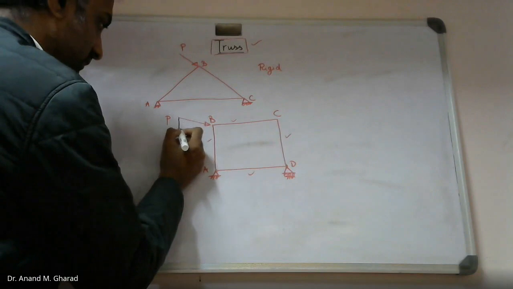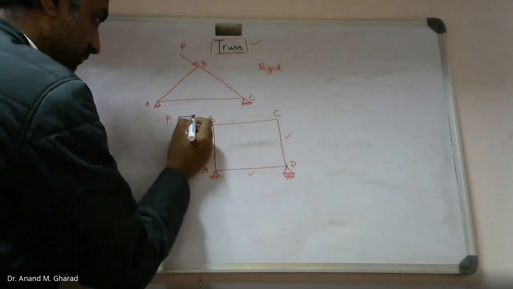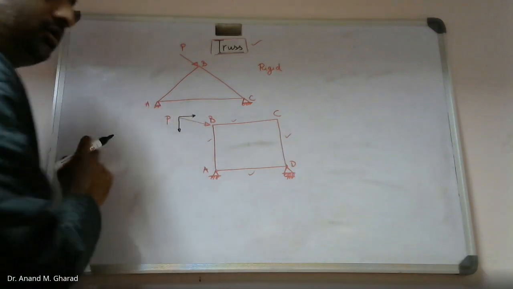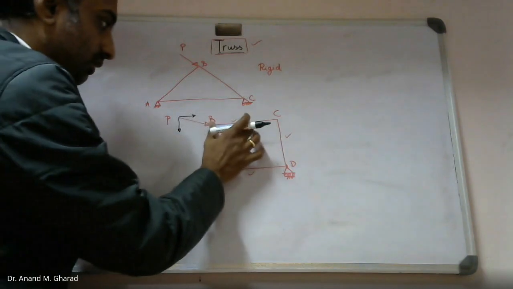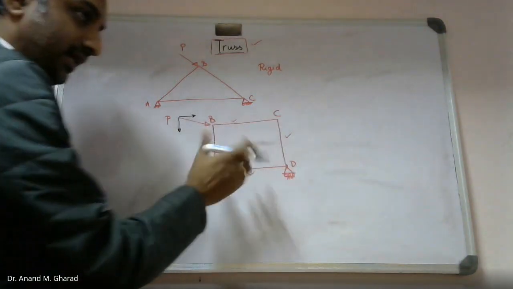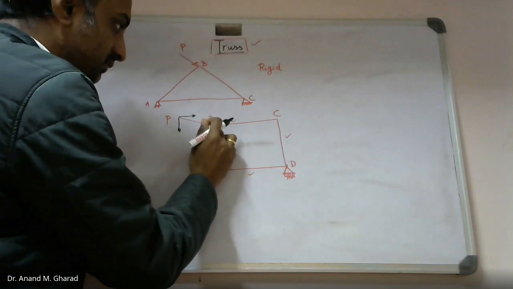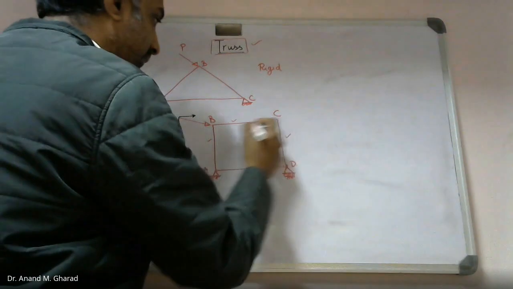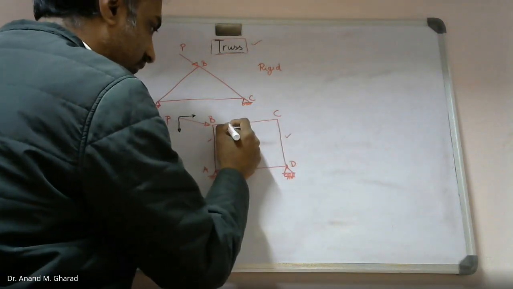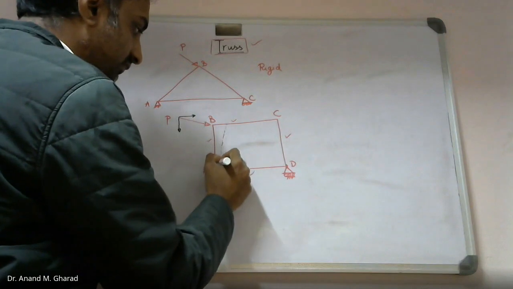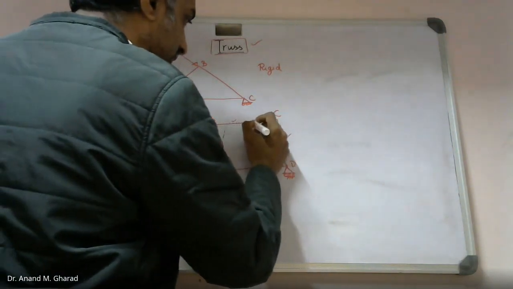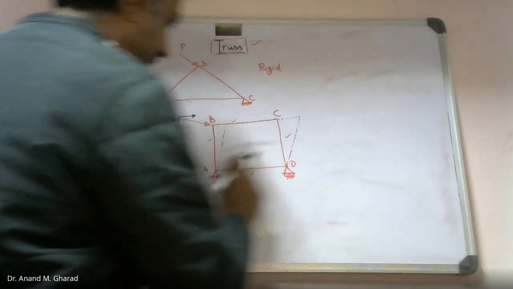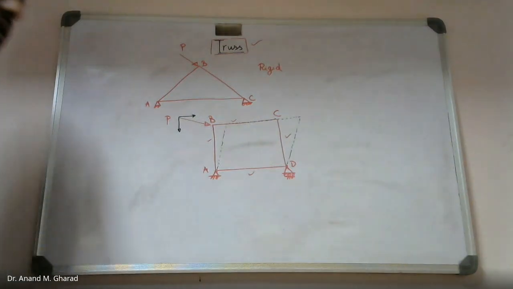Since it is an inclined force, I can resolve it into components. Over here you will observe that this horizontal component of the force will try to displace BC. And as you can see, there is no restriction offered to the movement of this member BC, right? So there will be a certain amount of deflection or relative movement as far as members BC, AB, and CD are concerned.